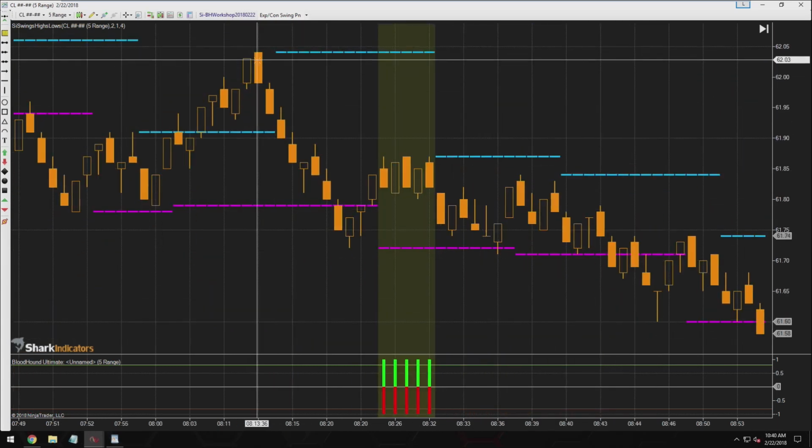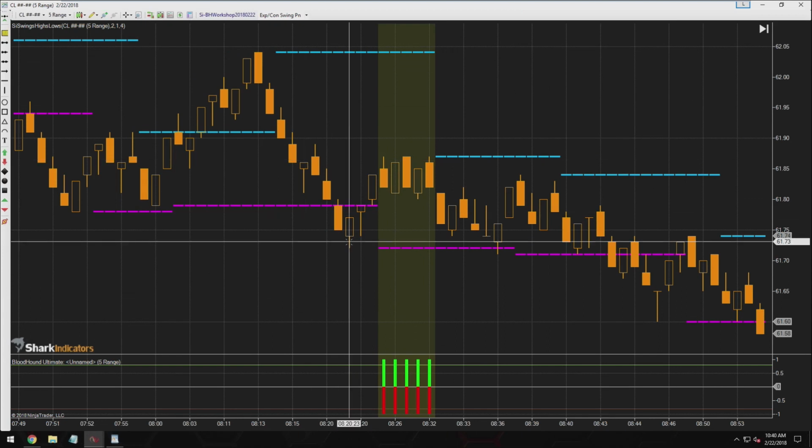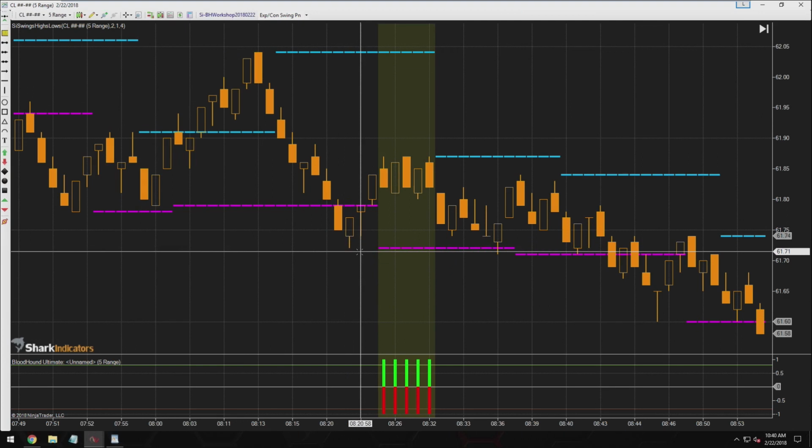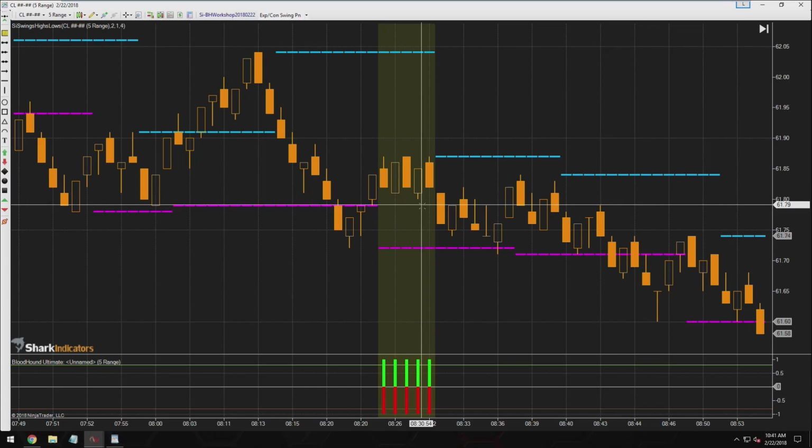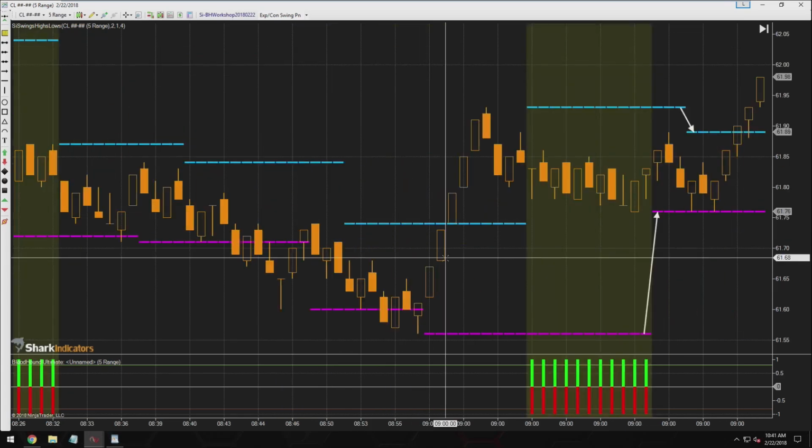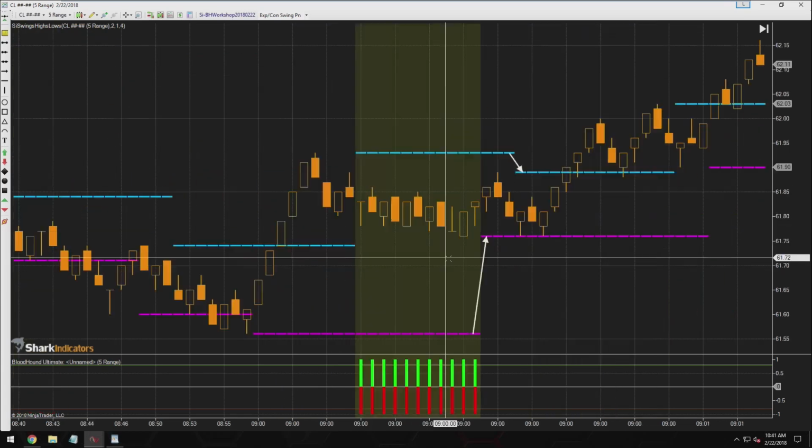And then we had this move down, and as soon as the swing low is identified, we had our expansion identified there. All right, so we have the expansion identified.